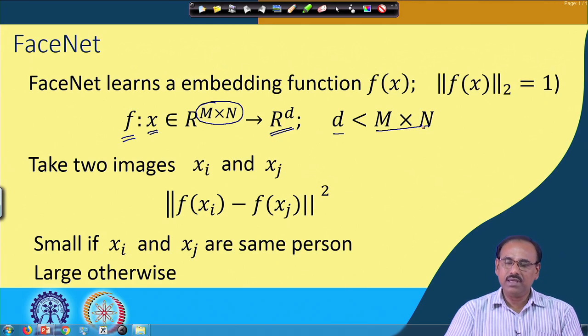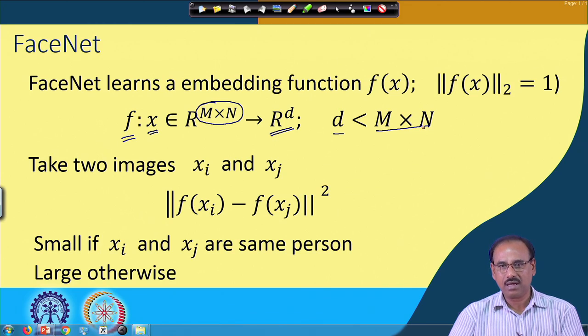And exactly the same thing is done over here, but here this embedding function f, which embeds an input image to a d-dimensional space as a vector, is not handcrafted.